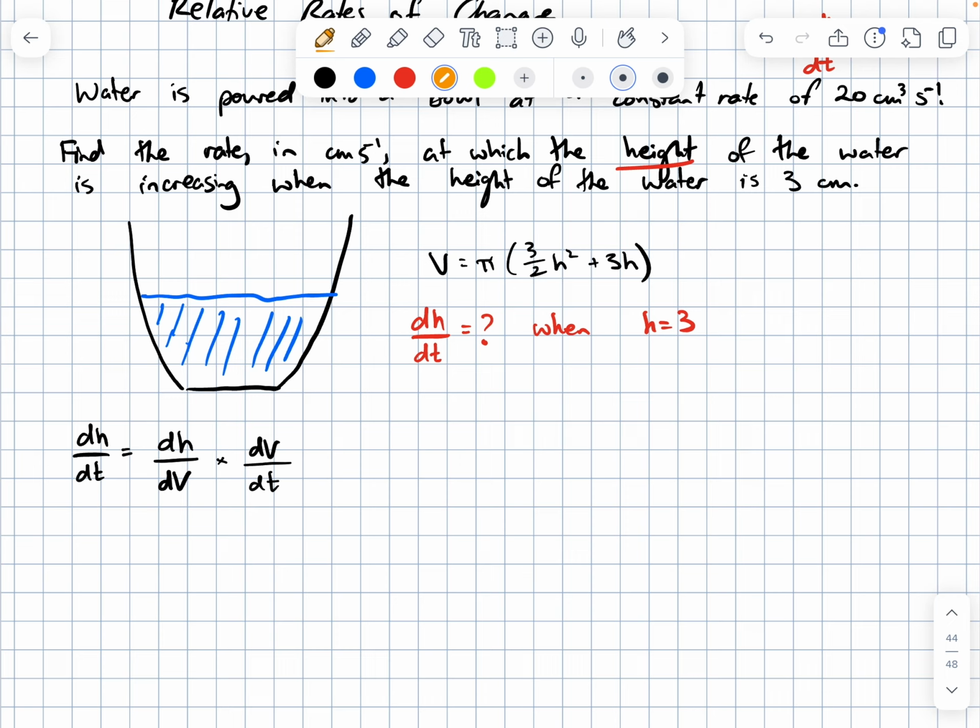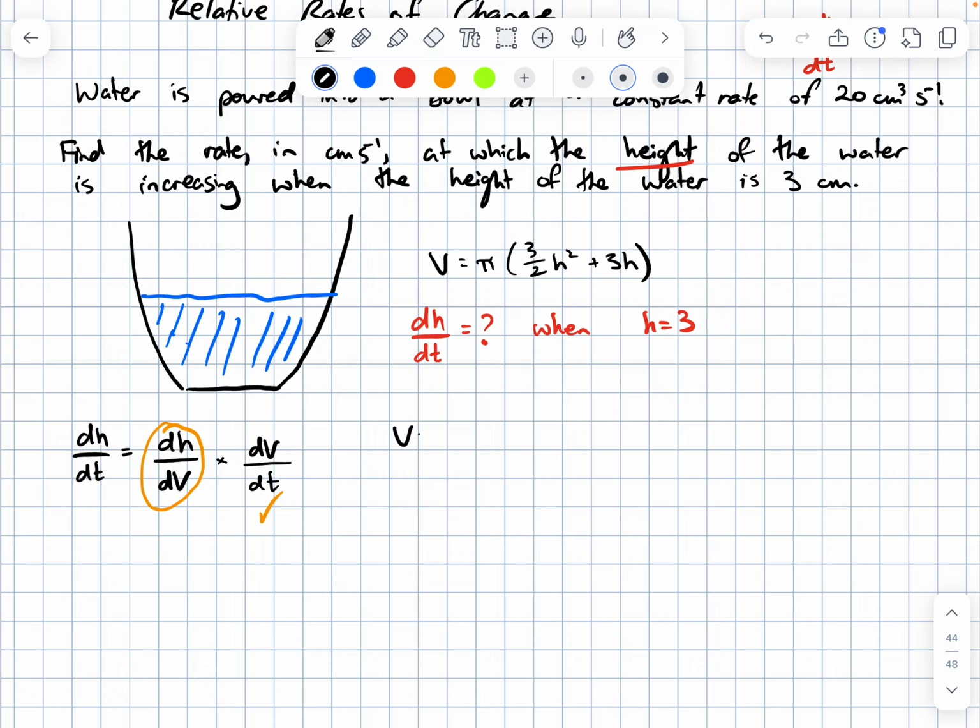Now we already know dV dt, so that's a tick. We just need to find this. In order to get dH dV, I need an equation for either H in terms of V or V in terms of H. Typically, it's actually easier to find V in terms of H, find dV dH, and then find the inverse or the reciprocal to get dH dV. Now we're already told what V is in terms of H, so that's nice and easy.